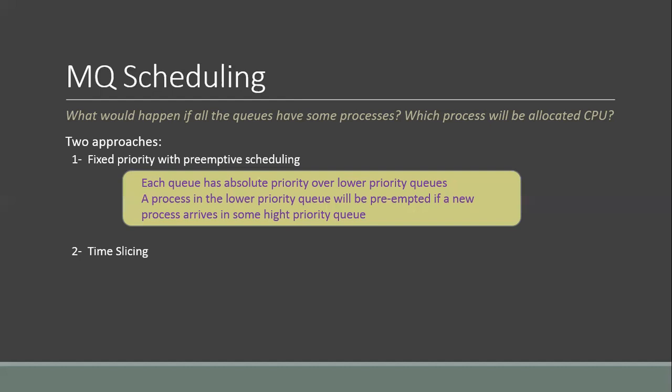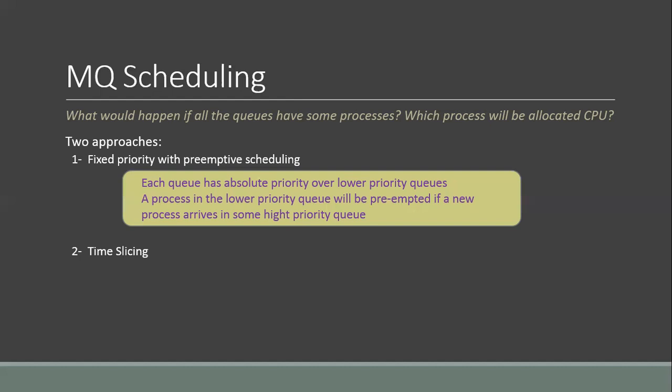So the processes which are in a high priority queue will be executed first. And preemptive scheduling means that a process in the lower priority queue will be preempted if a new process arrives in some high priority queue. This means if the foreground queue is empty, then a process from the background queue will be selected for execution.